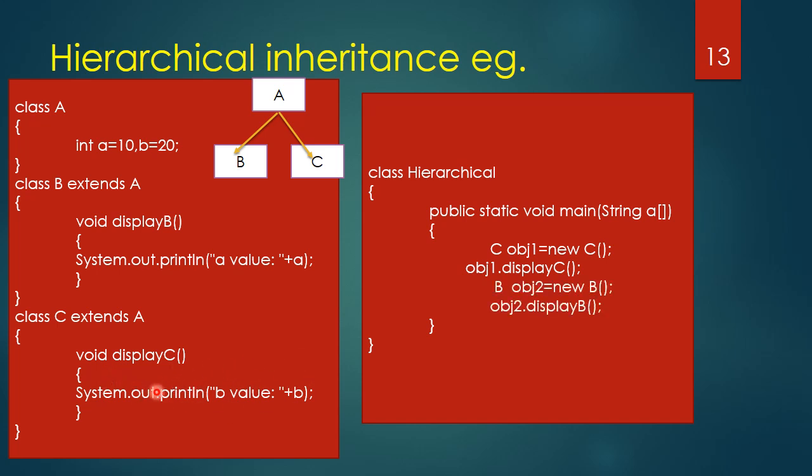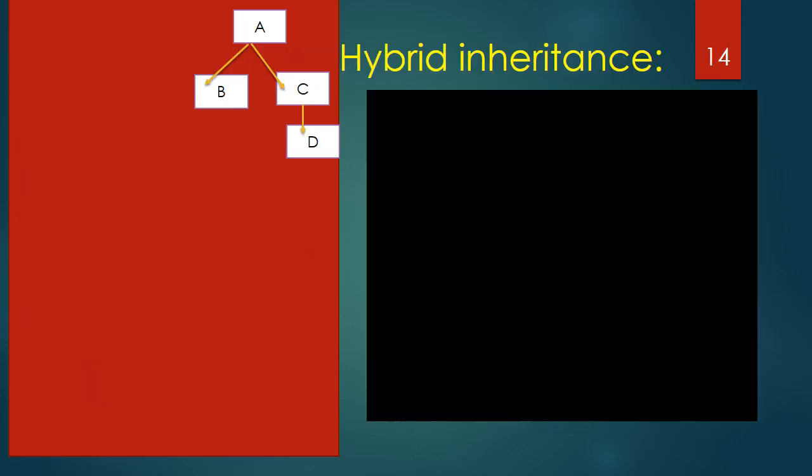Next you create an object of the B class, that is B obj2 = new B. Now using this obj2 object you can call display B. In this way, if we want to call the B class method, we have to create an object of the B class. If you want to call the method of the C class, then we have to create an object of the C class. Like this we have to create them separately.